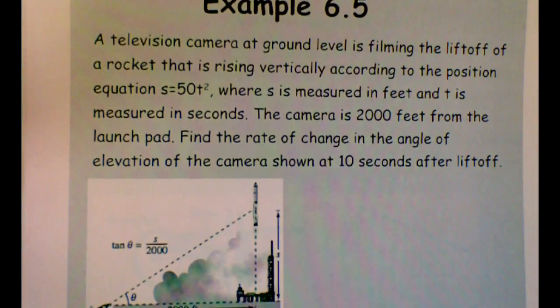All right, and we have a television camera. This is going to be our last example. It's at ground level, and it's filming the liftoff of a rocket that is rising vertically according to the position equation s equals 50t squared, where s is measured in feet and t is measured in seconds. The camera is 2,000 feet from the launch pad. We're going to find the rate of change of the angle of elevation of the camera shown at 10 seconds after liftoff.